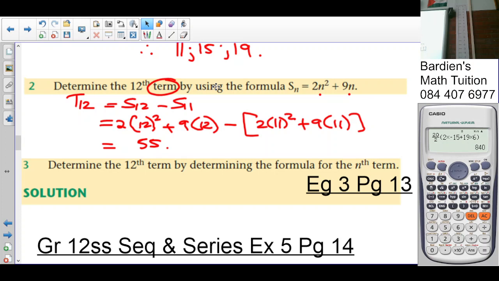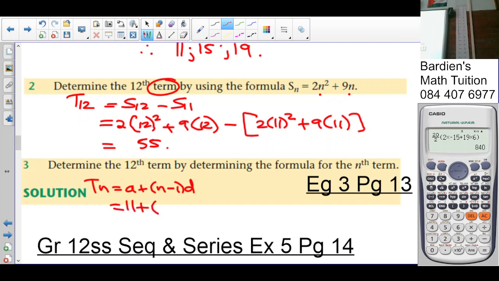So by determining Tn, Tn is equal to a plus n minus 1 times d. What's your a value? 11 plus n minus 1 times 4. So I'm adding 4 all the time. So that's going to give you 4n minus, it's 11 minus 4, which is 7.